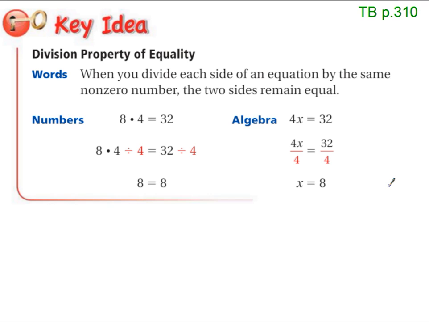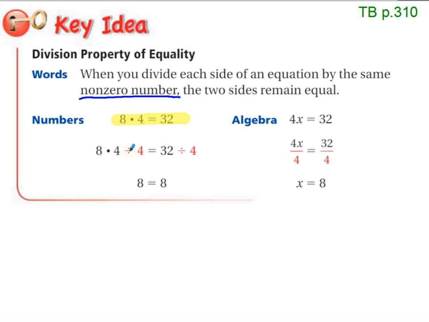Okay, now we're going to do the exact same idea, except it's going to be division. The division property of equality says that when you divide each side of an equation by the same non-zero number, remember we always have to be talking about a non-zero number, the two sides remain equal. So for my numbers side, I have 8 times 4 equals 32. Okay, so over here I have 8 times 4 equals 32.